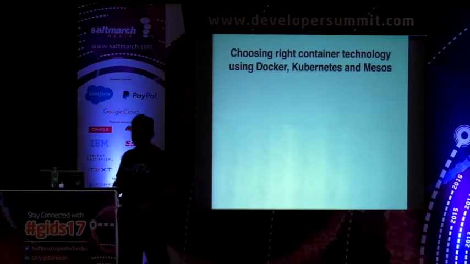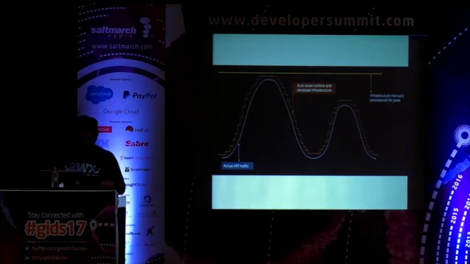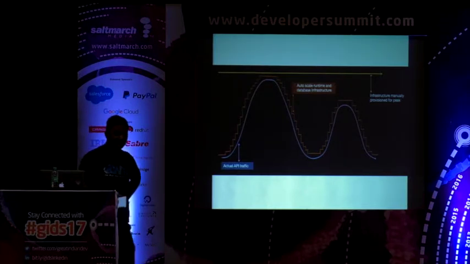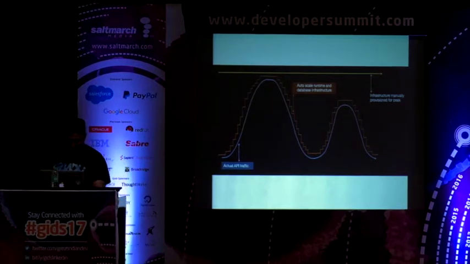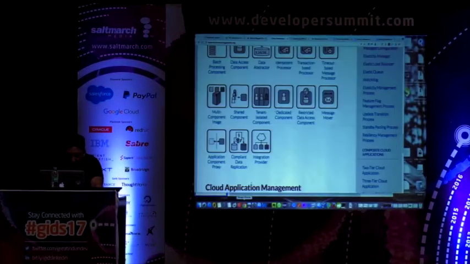So let's talk quickly about what these 3 technologies will give us. What they will give us is that the scalability aspect will be automatic. Kubernetes provides this scalability aspect. Let me show you quickly.